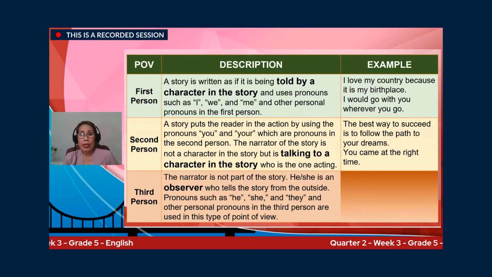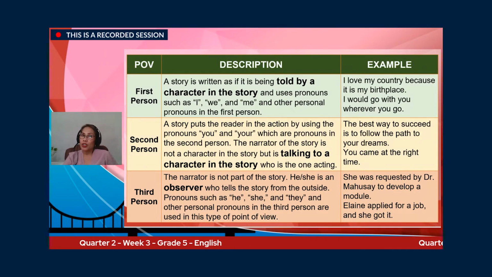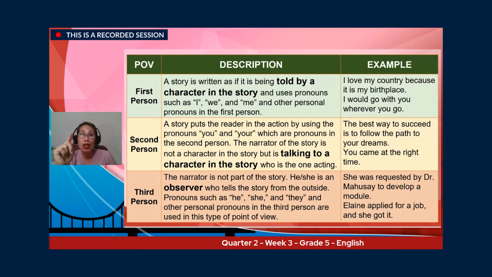Pronouns such as he, she, and they, and other personal pronouns in the third person are used in this type of point of view. For example, she was requested by Dr. Mahusay to develop a module. Another example, Elaine applied for a job and she got it.